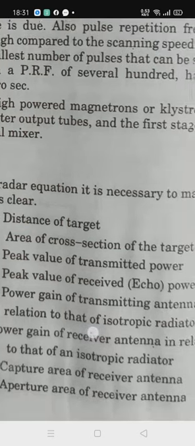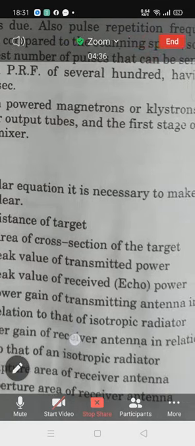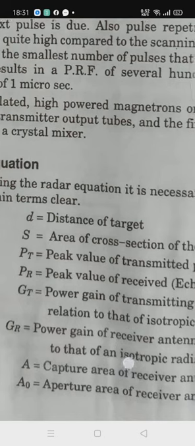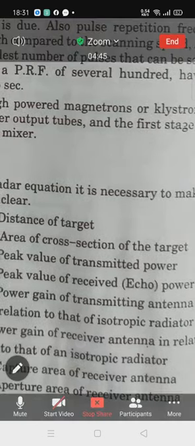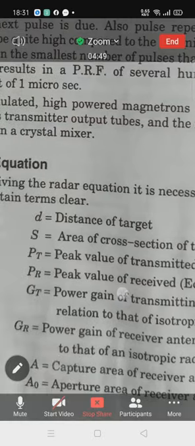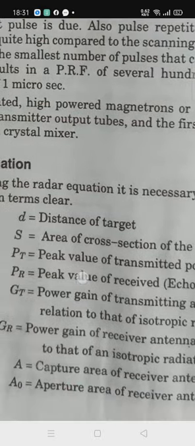GT is the power gain of the transmitting antenna in relation to that of the isotropic radiator. Then GR is the power gain of the receiver antenna in relation to that of an isotropic radiator. Capital A is the capture area of the receiver antenna, and A0 is the aperture area of the receiver antenna.